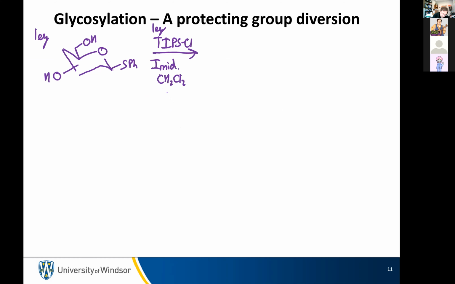So conditions we just had, at 0 degrees. We only have one TIPS chloride, so we would need four TIPS chlorides to put one on each of the OHs, and we only have one. Which one's it going on?